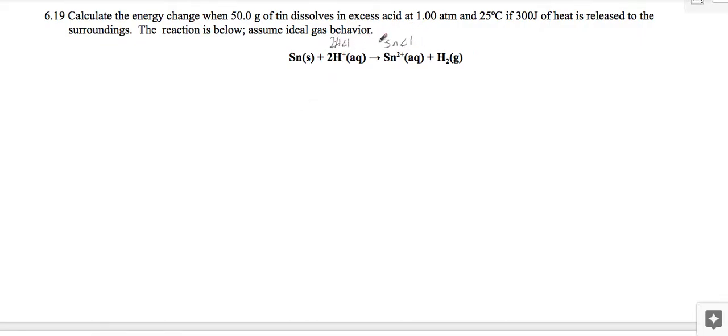So the chlorines will end up canceling out, and we end up with a net ionic reaction like this.